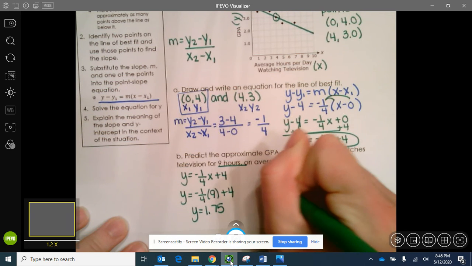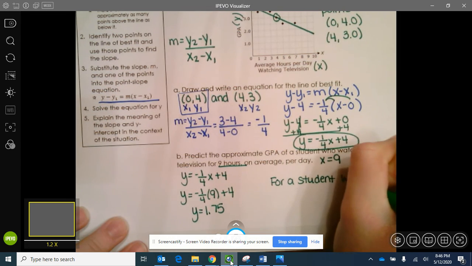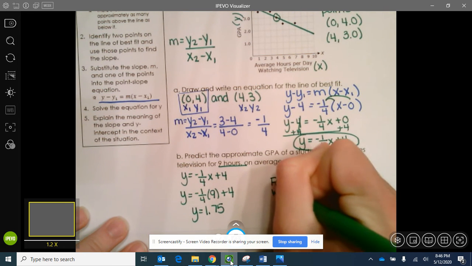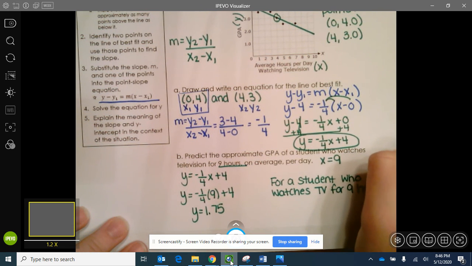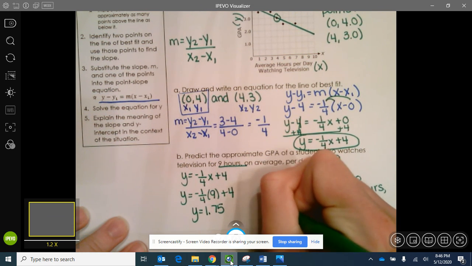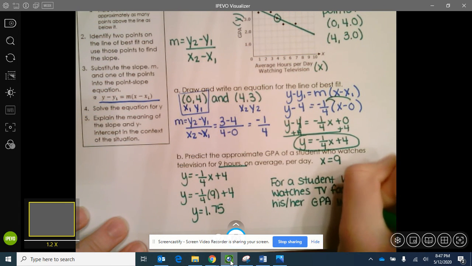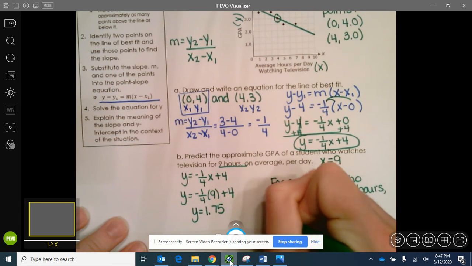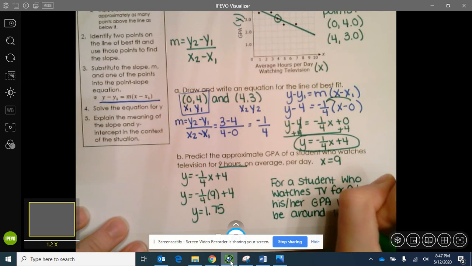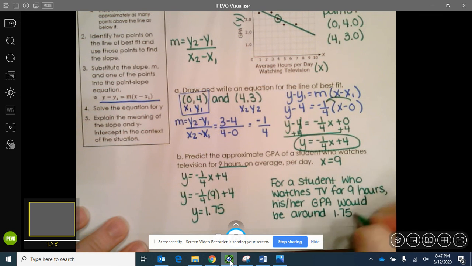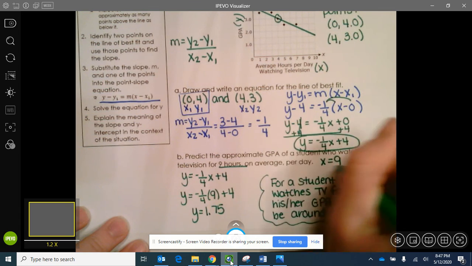So for a student who watches TV for 9 hours, his or her GPA would be around, and this is an approximation, so it's not an exact answer, just because we're making a prediction. So we would estimate it's somewhere around 1.75.